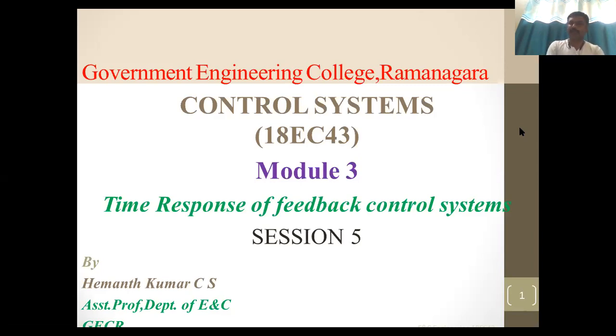And we had one more set of problems for first order system where the value of C of t was given for certain time t, and a generic transfer function was given in terms of certain constant. Later we evaluated the constant value from the given C of t and t. Is that okay? And these were all the problems we discussed in previous session, that is session 4.